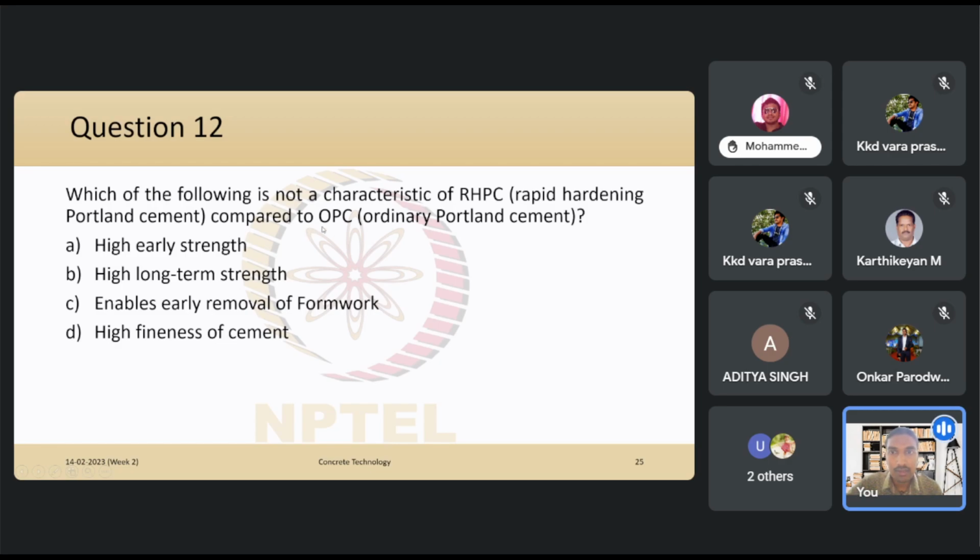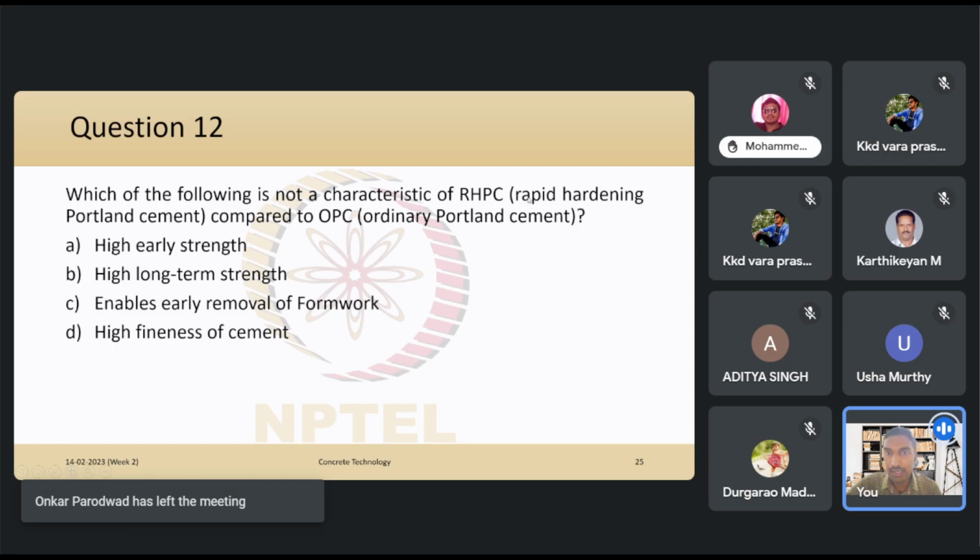In comparison to OPC, RHPC has high early strength, it enables early removal of formwork, and it has high fineness. So why is that? As the name suggests, it's rapid hardening, right? It will set quickly, it will harden quickly. So we can remove the formwork early, because it sets quickly, and it also has high fineness.